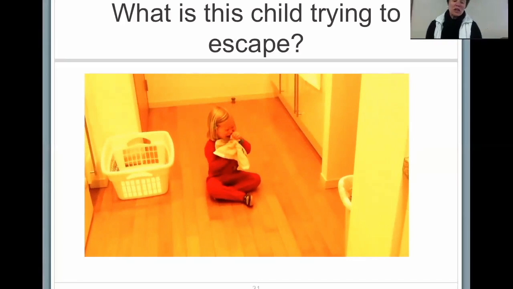If you said the little girl was trying to escape the chore of taking her bowl to the sink, you've got it figured out. I would like to comment, the adult response in this video is exactly what we would hope for as a response to any child who is engaging in challenging behavior. The adult, presumably the dad, kept presenting what the expectation was in a calm, cool, collected manner.